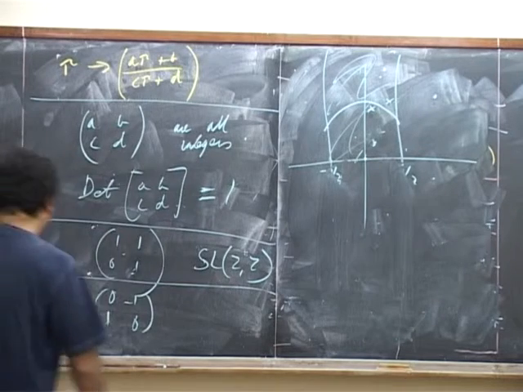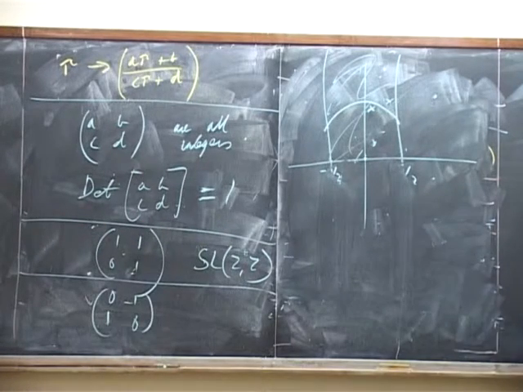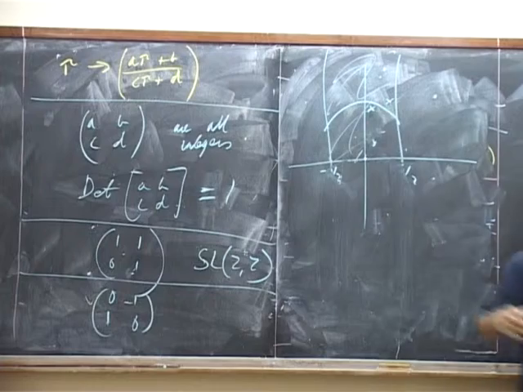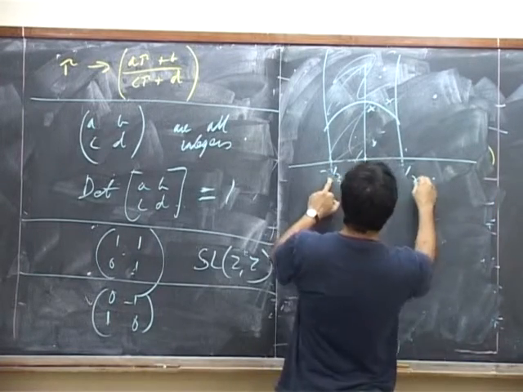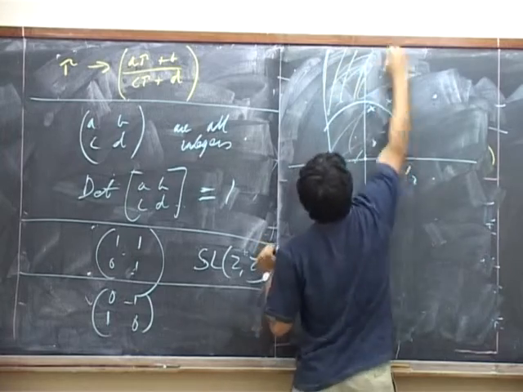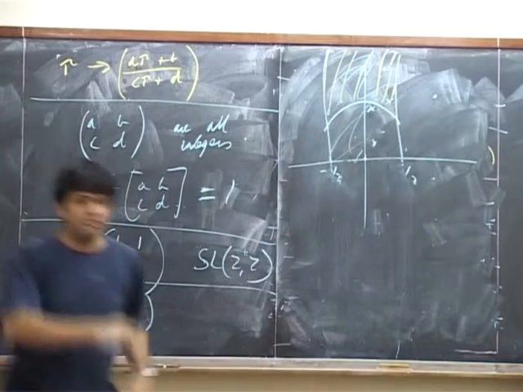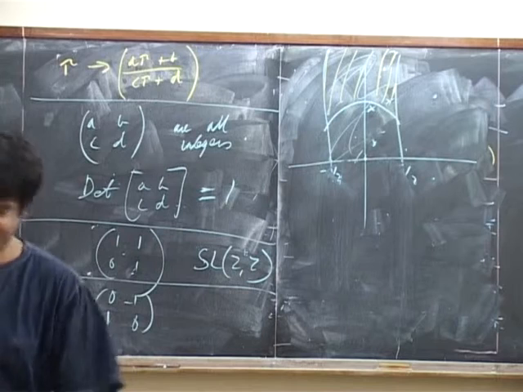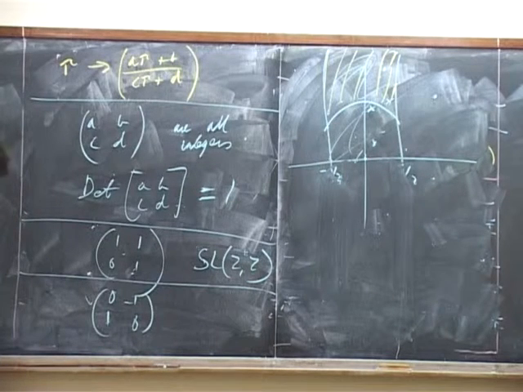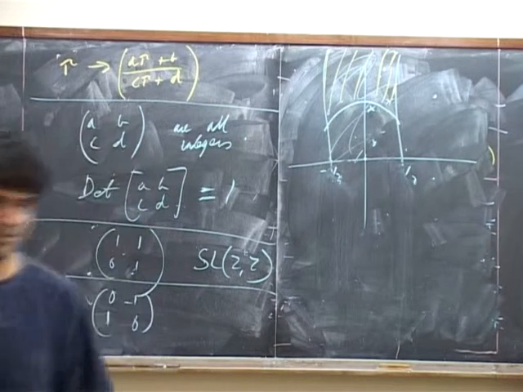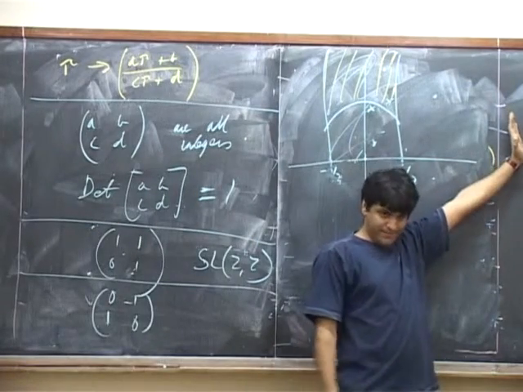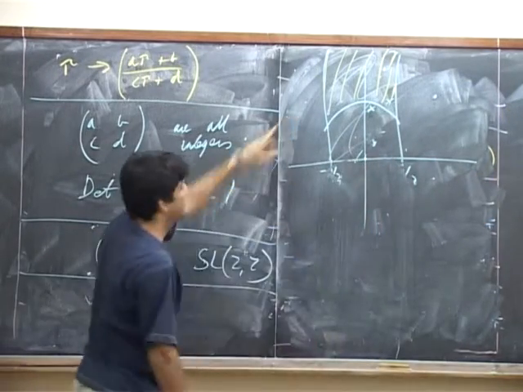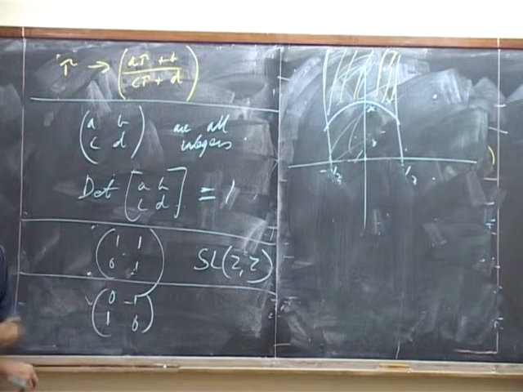So clearly, the fundamental domain on the space of taus is the region between minus half and half and exterior to the unit circle. Any tau in this plane can be brought to a tau of that form by an SL2Z transformation.